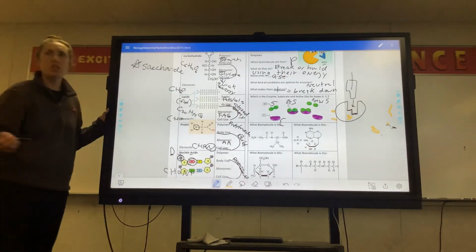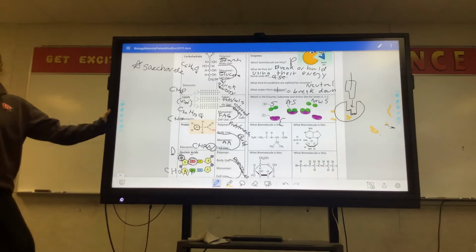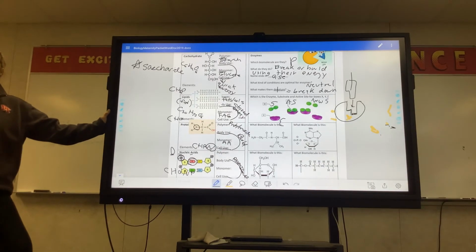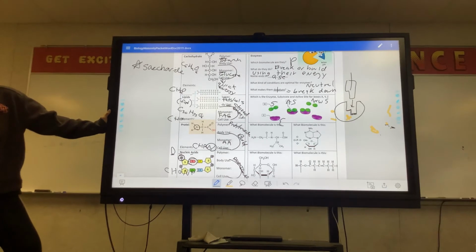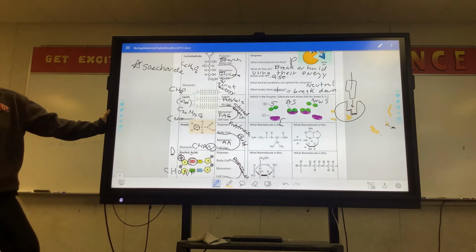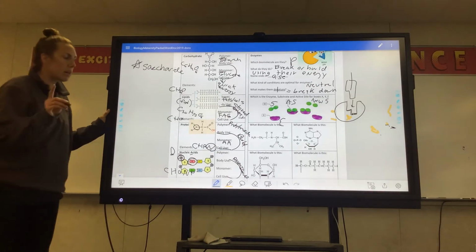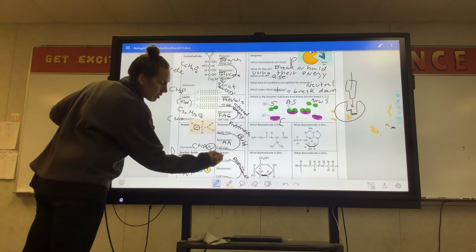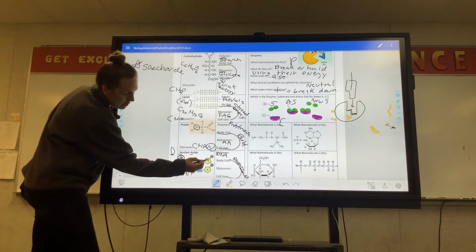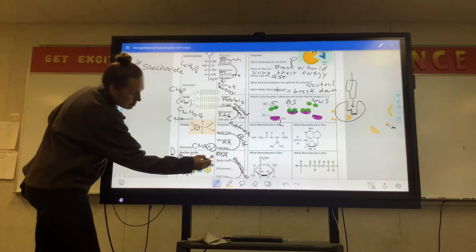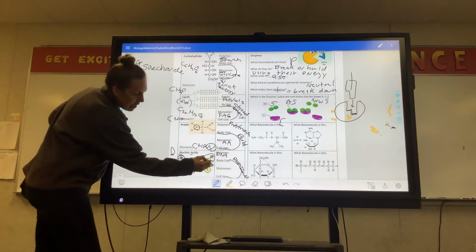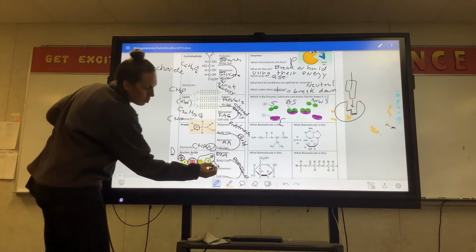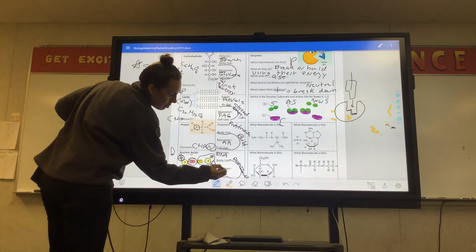Our DNA is our genotype, and who we become, who we physically look like, is our phenotype. So nucleic acids give us that genotype and phenotype. The only thing I want to mention here is DNA is the polymer, and all of these, sugar, phosphate, base, this right here is a monomer, which is a nucleotide.